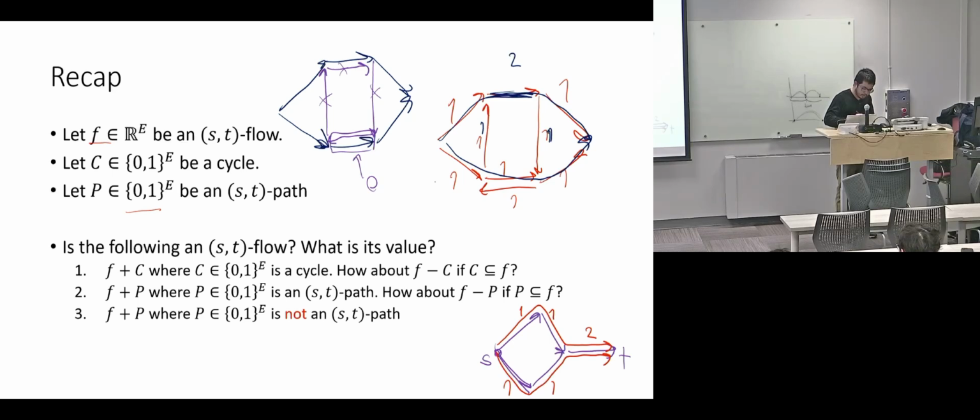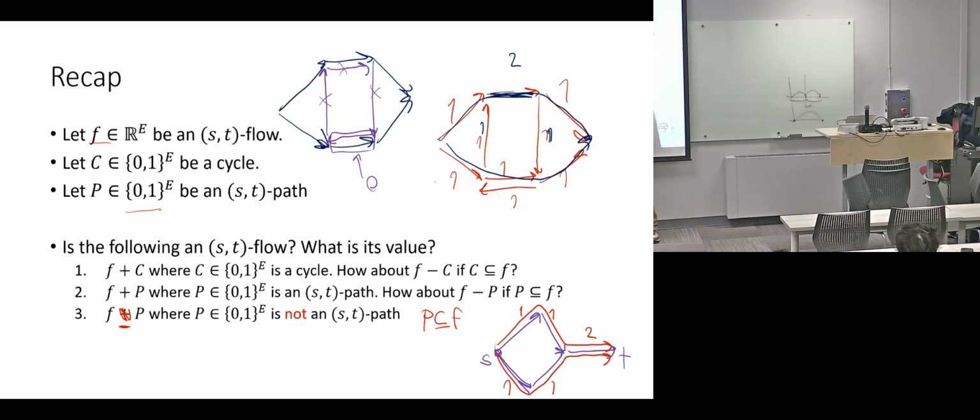Last thing is, let's say P is also a subset of a path of a flow. In this case, if P is not an ST path, let's say it starts from some other place that is not S, or ends at some other place that's not T. If you subtract this, now it's not going to be a flow, because the constraint that is violated is flow conservation, right?